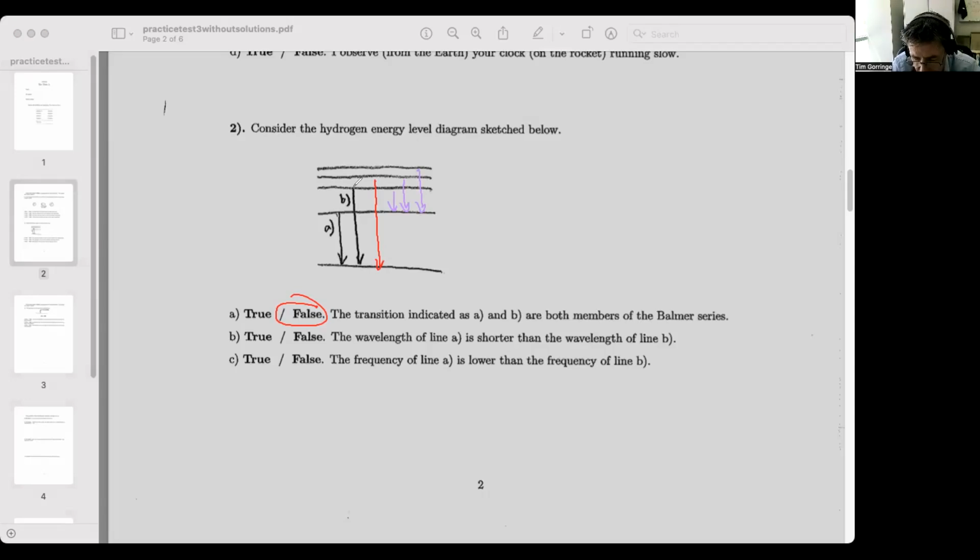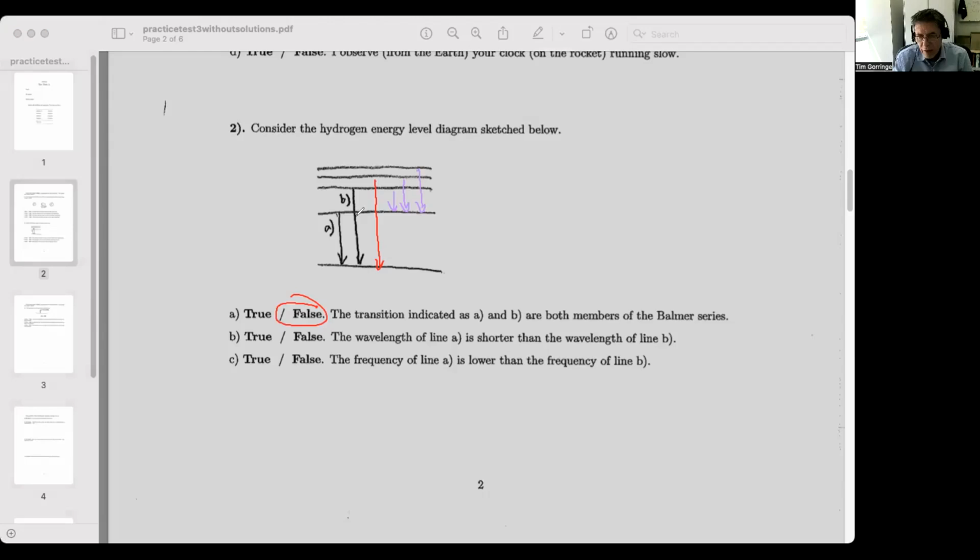B is a bigger energy jump from the second excited state to the ground state. So A, smaller energy transition, photon with smaller energy. B, larger energy transition, photon with larger energy. So that's the first thing that we can see on the diagram.